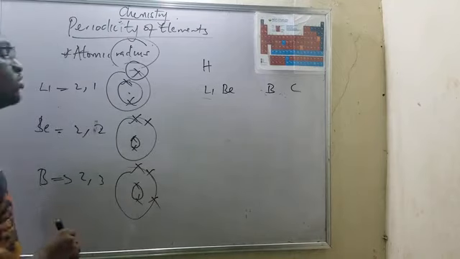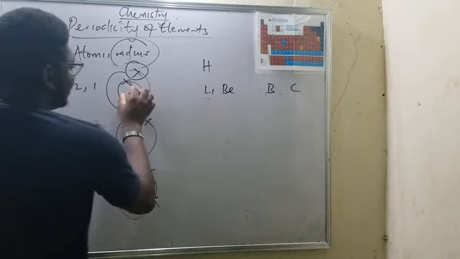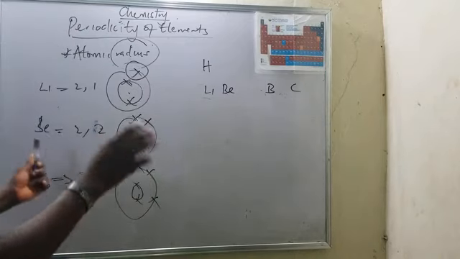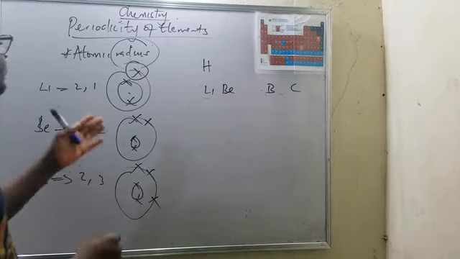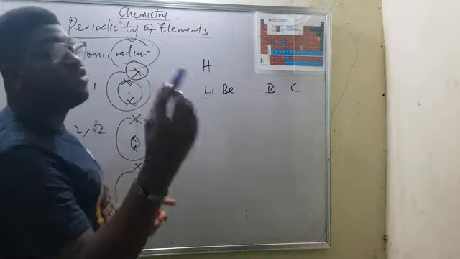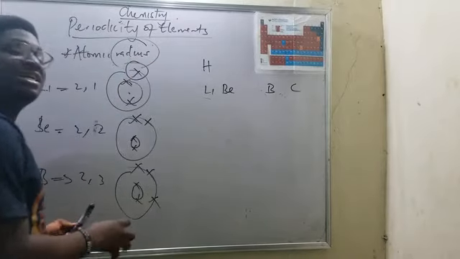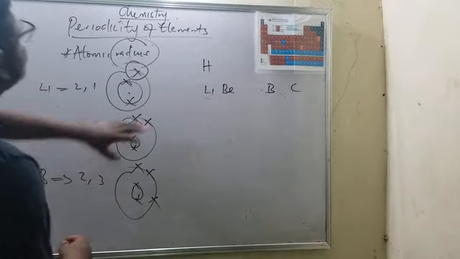There is a pull between the protons and the electrons on the outermost shell, and this pull increases as a result of additional electrons added to the outermost shell.